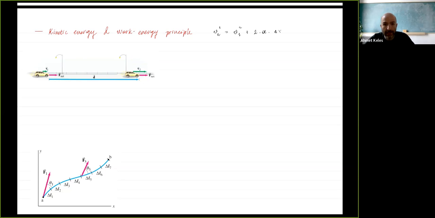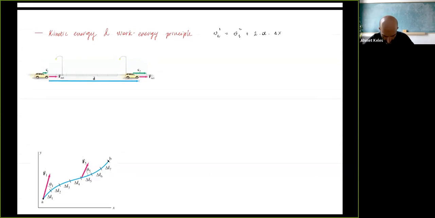We all like this equation, right? It's one of our favorites. And from here, I know a should be equal to V2 squared minus V1 squared divided by 2 times delta x.